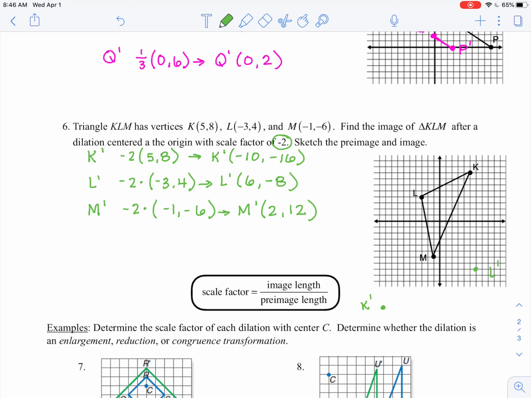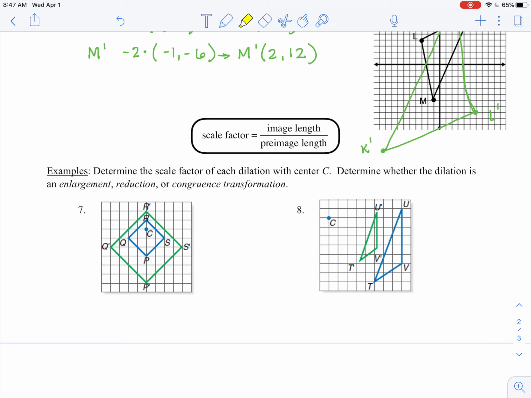And M prime is also slightly off of the graph, only one space. M prime should be up here. When you connect your vertices and compare your pre-image to the image, again, they should have the same shape, but your image should be twice as big and rotated 180 degrees about the origin.